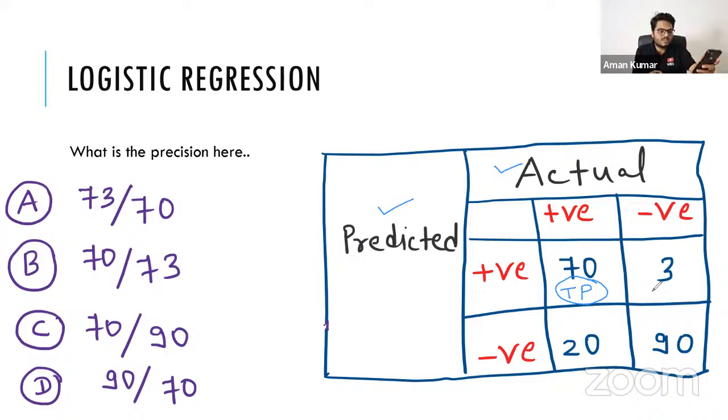Can you have a precision of more than 100%? I don't think so. So probably in your answer, you are flipping something.